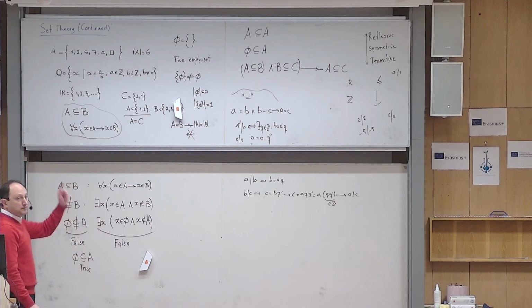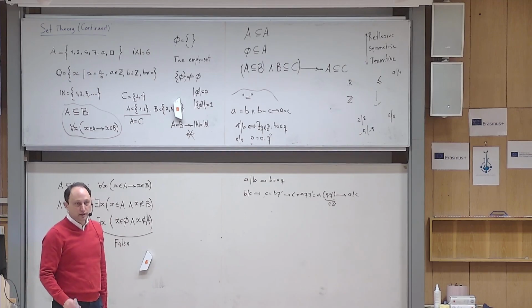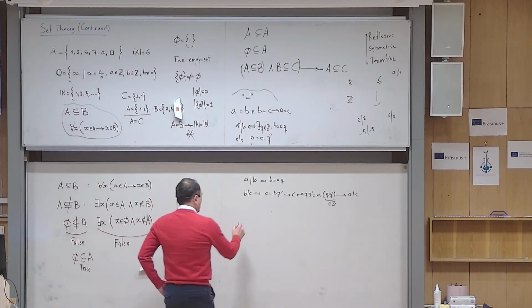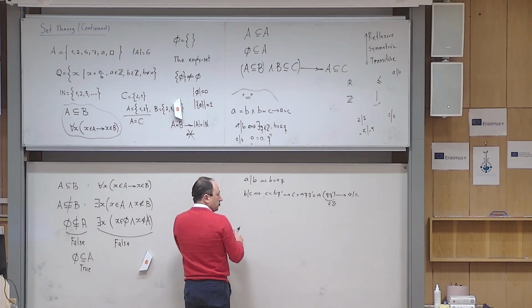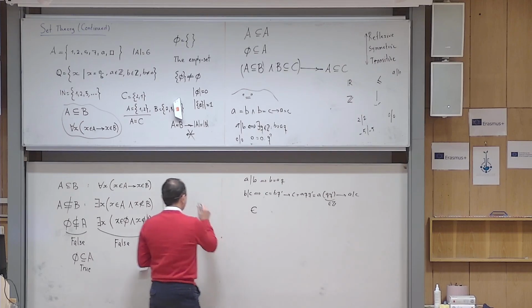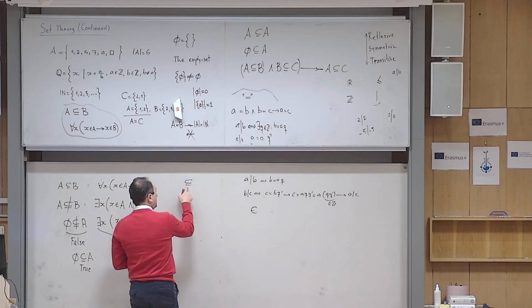Okay, but what about the belonging relation? Let us investigate that one as well. If I am working with all sets, and then I want to talk about the belonging relation. We realize that the subset relation among sets is reflexive, not symmetric, but transitive.